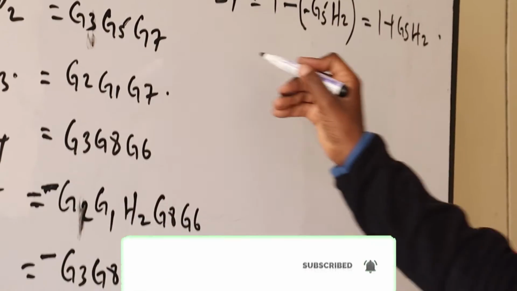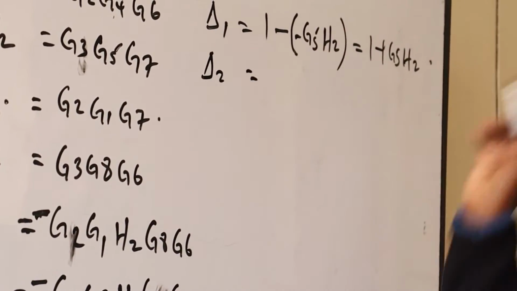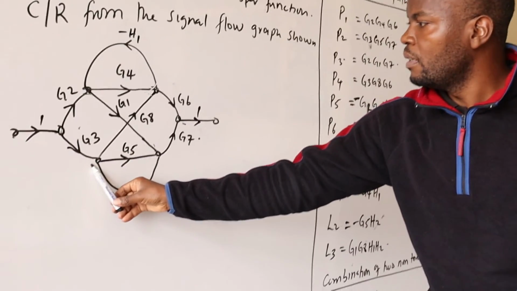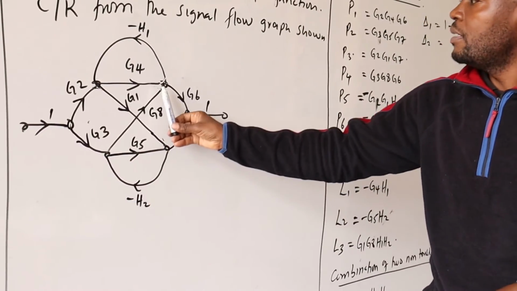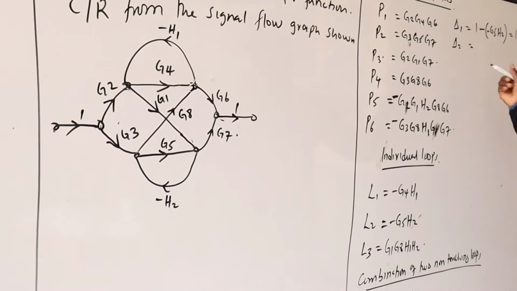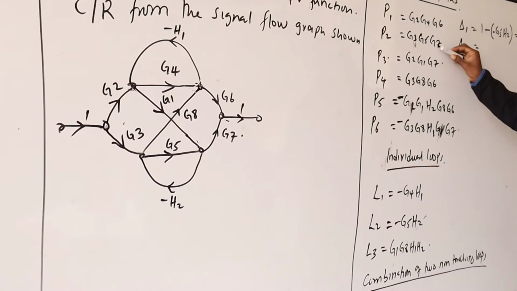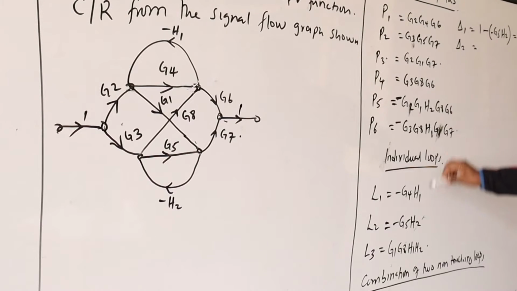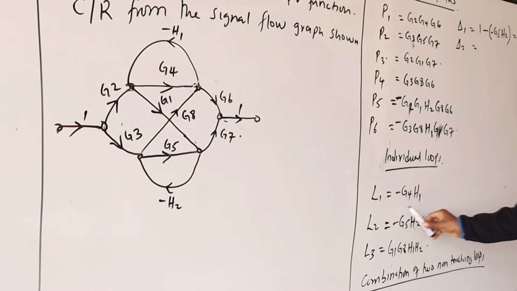Then we look at the determinant for the second one. Again, we have G3, G5, G7. Looking at that, it touches the loop G5 H2, but it does not touch the first loop.